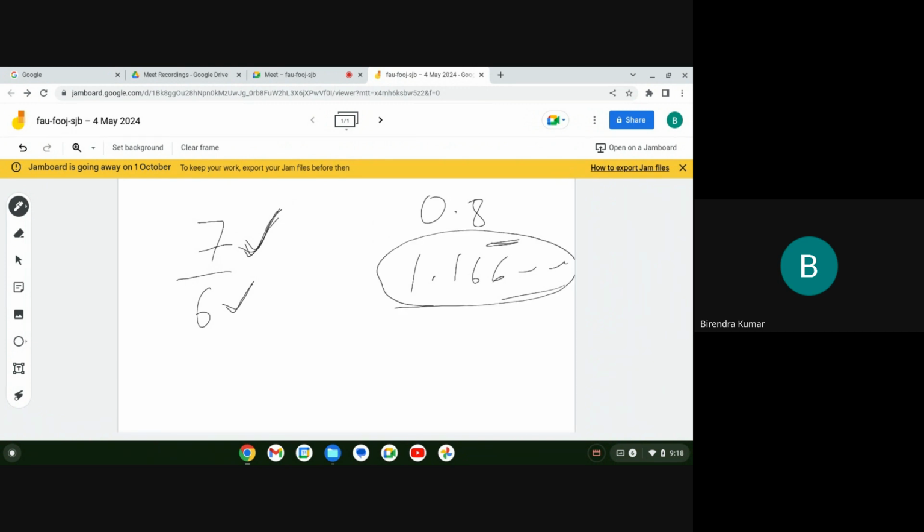I'm not saying what Gitesh said is correct or not, but I can clearly see that since my numerator is bigger than the denominator, it is more than one. So that makes me believe that this could be a possible right answer. Let everybody solve it, and then I will come back to doing it in front of you guys.